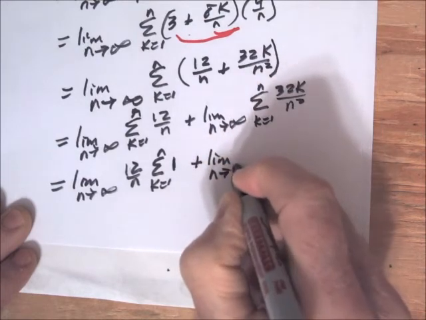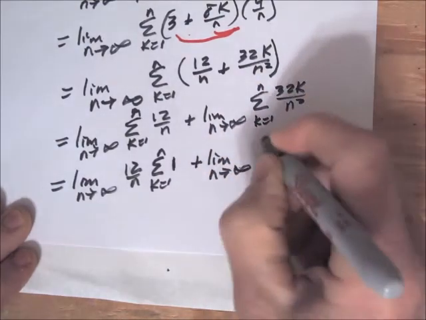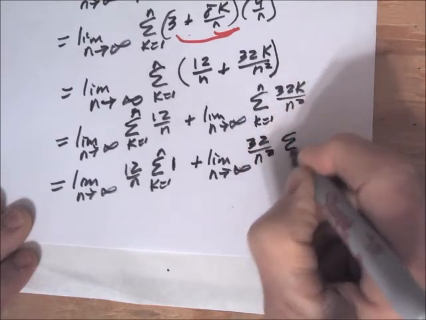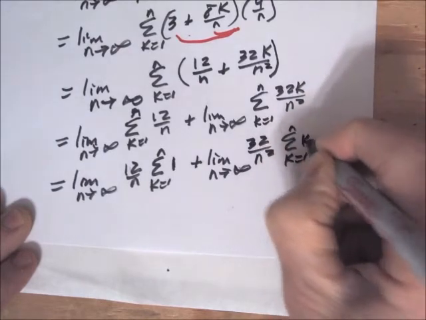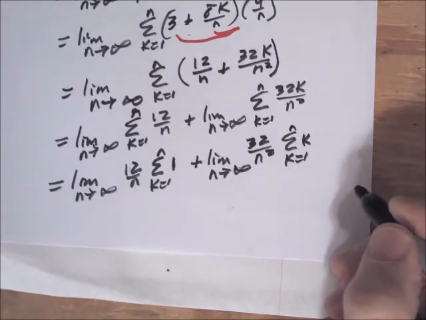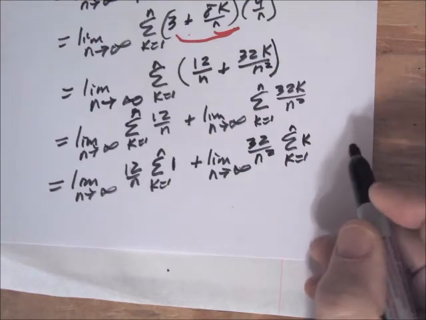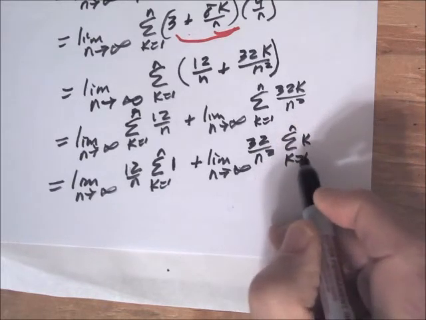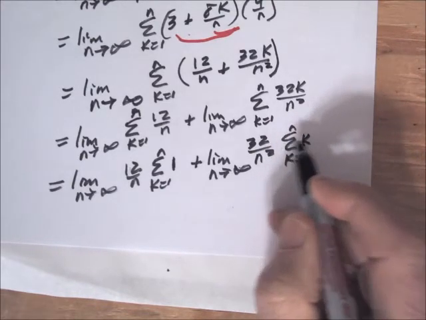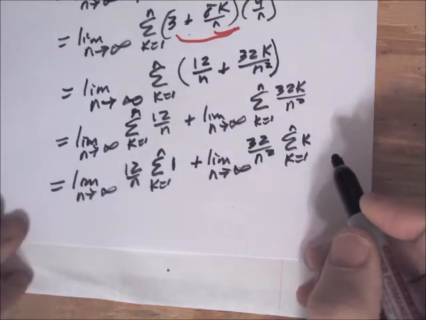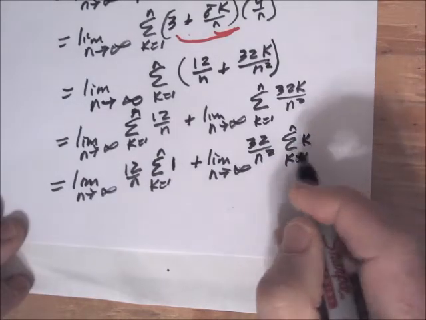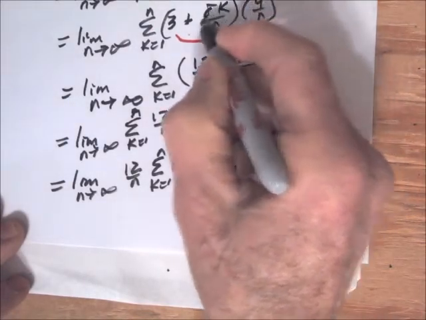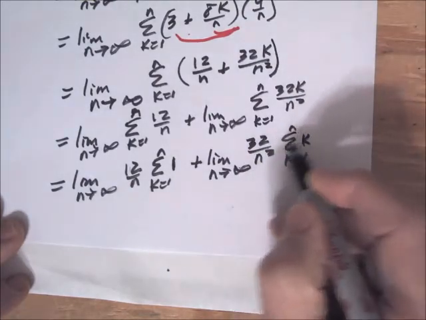We'll factor out the 32 over n squared here: 32 over n squared times the summation k equals 1 to n of k. The 32 and the n squared do not depend on k, so we can factor them outside the sum. We're applying the distributive property, same thing we were doing up here when distributing the 4 over n. Here we're using the distributive property in reverse.